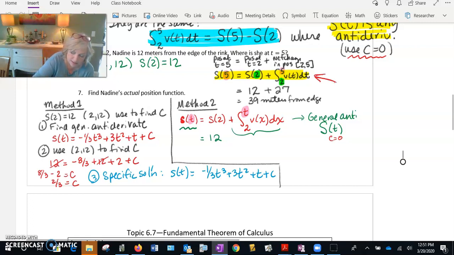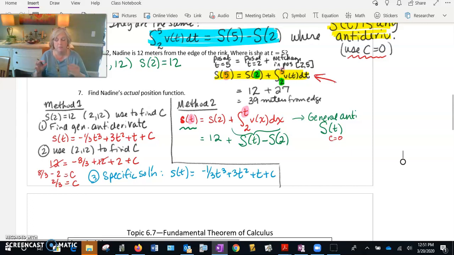So when I write that down, it's going to be plus my net change between the ending time, which is going to be t, so it would be capital S of t minus the beginning time, s of 2. And this is all going to work out to be exactly the same as what we had.